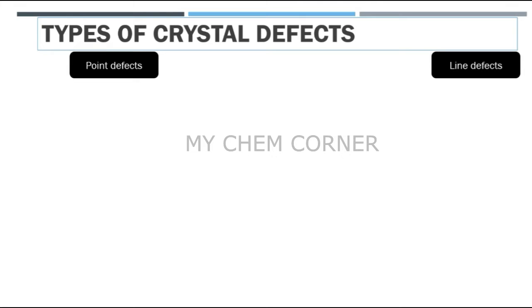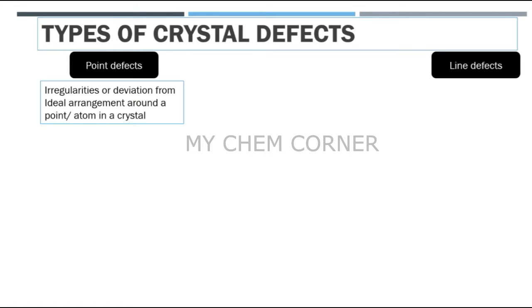Just go by the terms. In the case of a point defect, you're talking about a particular point or a particular atom in a crystal. It is showing irregularities or deviation from an ideal arrangement around a point or around an atom in a crystal. That is called a point defect.